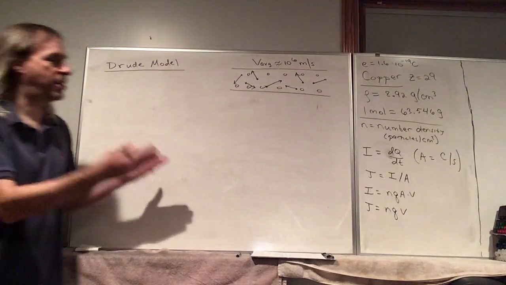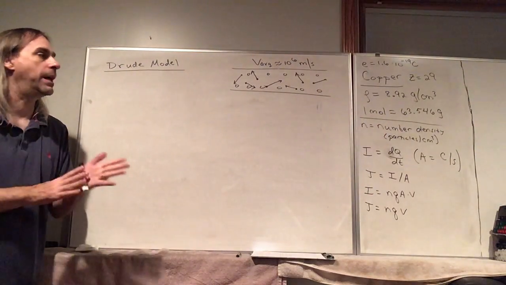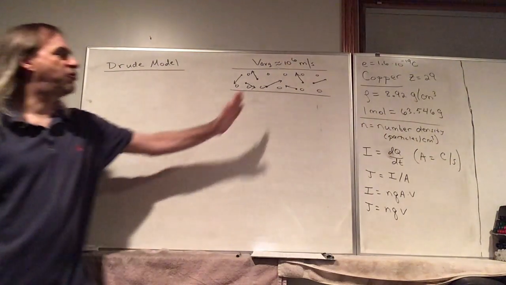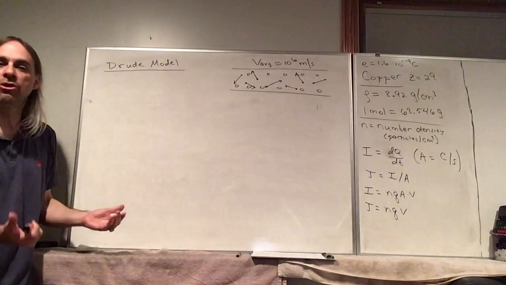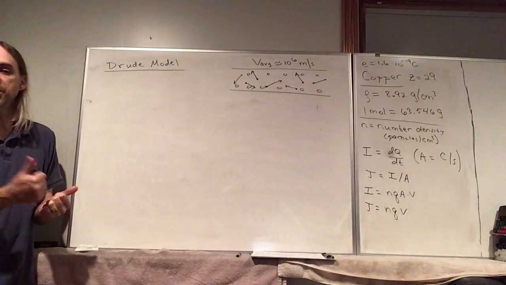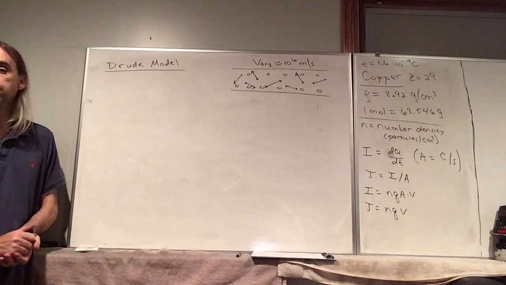With such a huge number, these averages are very valid in this case. And you have just as many moving to the left as to the right, or in any direction, just as many going one way as the other way. So there's no net charge.